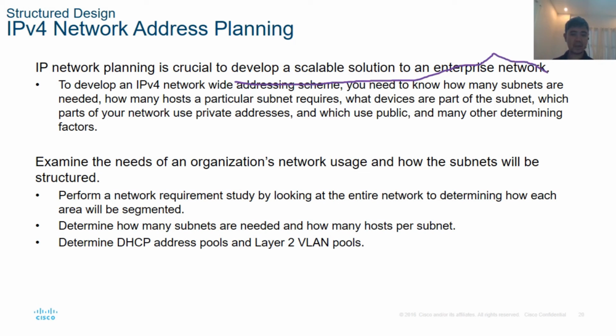It covers the IP addressing scheme to use, whether you need to subnet your network, and, if you work with DHCP, which IP addresses are to run through DHCP and which are to be statically or manually assigned, and then your VLANs. As you go along, you will learn DHCP and VLAN, which are discussed in Cisco 2.